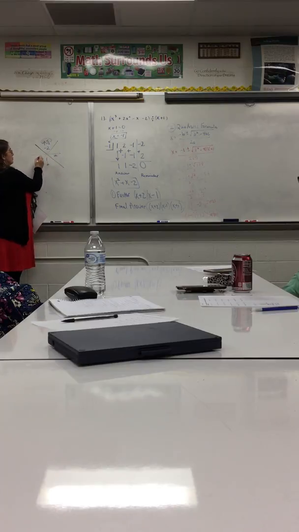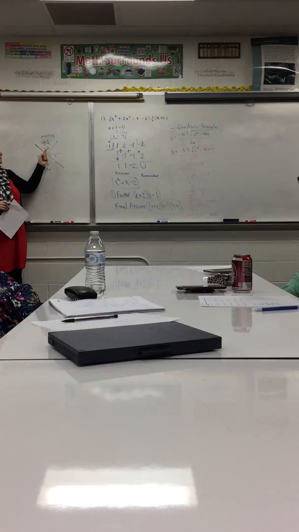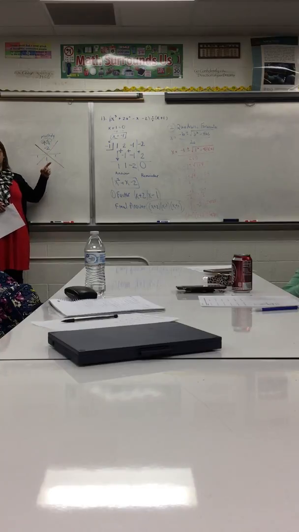A is 1, A is 1, and then we say what multiplies to be this, but adds to be this. What are two numbers that multiply to be that, but add to be that? So multiply to be negative 2, but add to be 1. The only way to get 2 is 2 times 1.